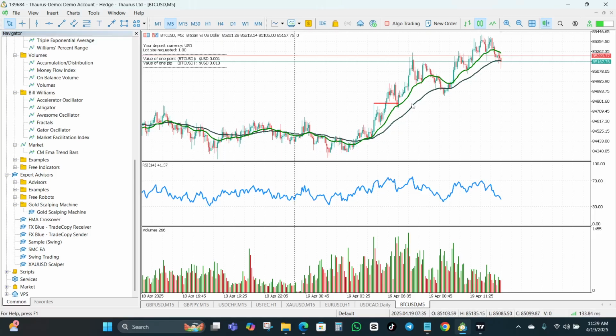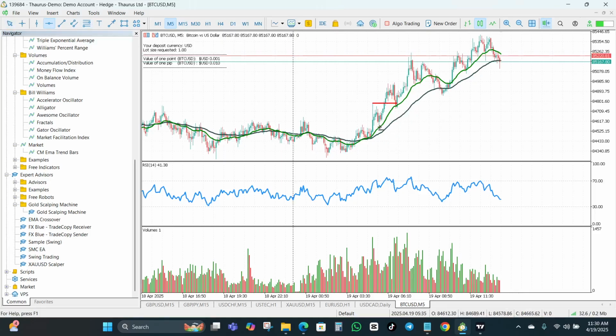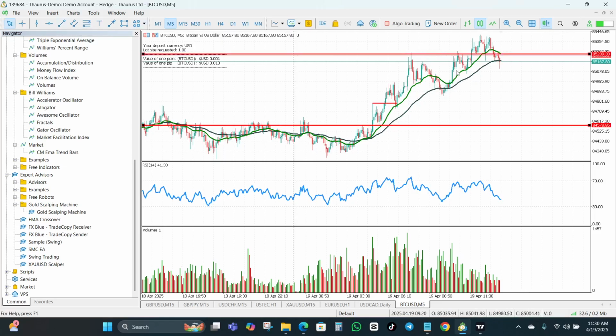All right, now for your exit, you should exit at predefined levels. You can use previous levels or let your risk to reward dictate it. For example, if you're going to enter a buy trade around here and your stop loss is going to be below this recent minor swing low, your take profits can be around key levels, maybe the nearest resistance.